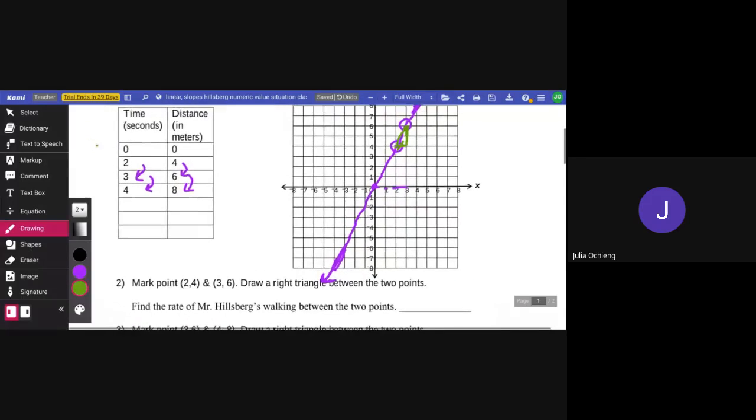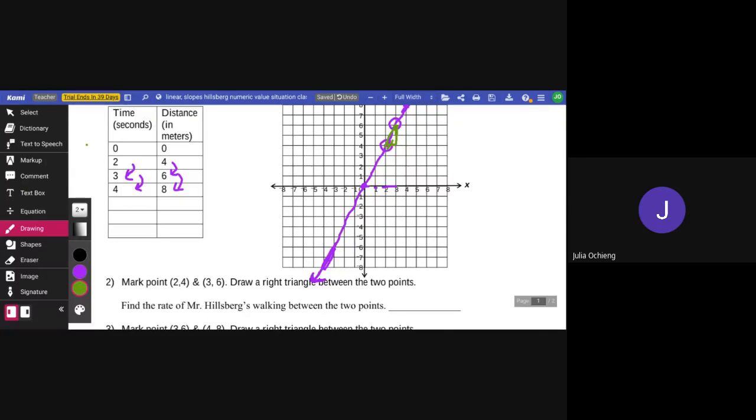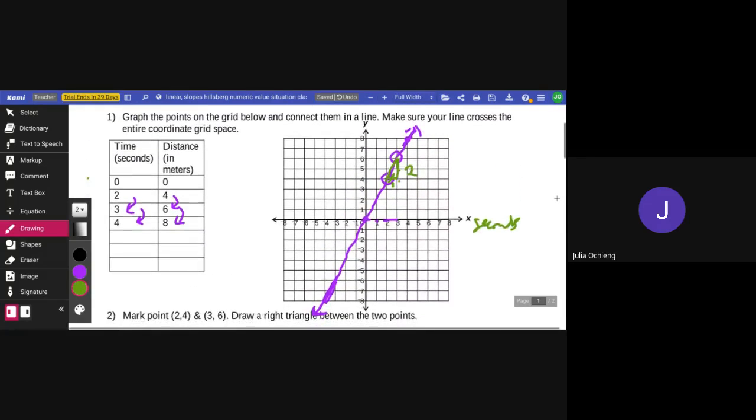So the rate of how fast he's walking is how many meters he's going for every 1 second. So when I move over 1 second to the right, so from 2 to 3 seconds, it's only 1 second from 2 to 3, he's going up 1, 2 units. And on the y-axis, that's meters. So 1 second over, because the x-axis is in seconds, and the y-axis is in meters.